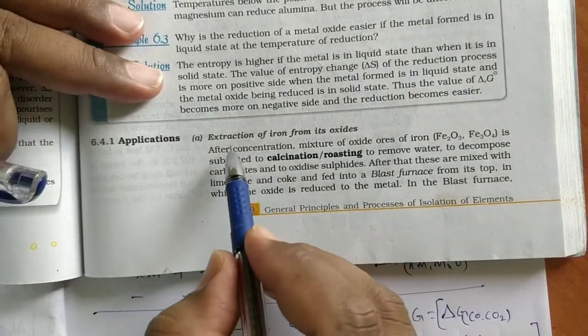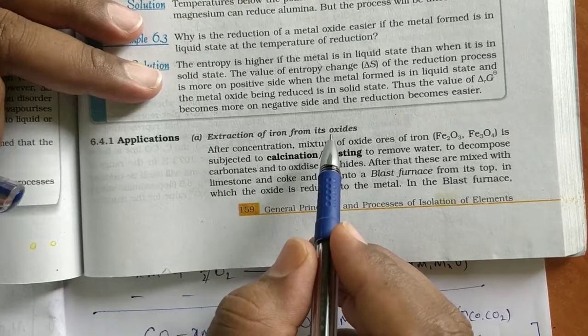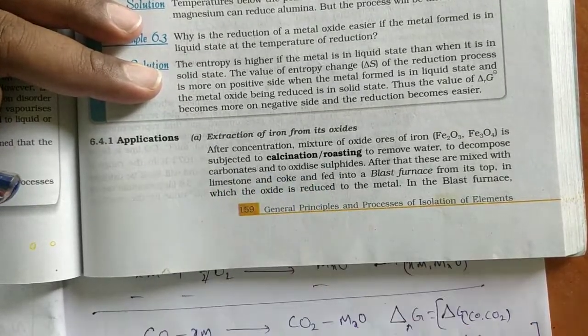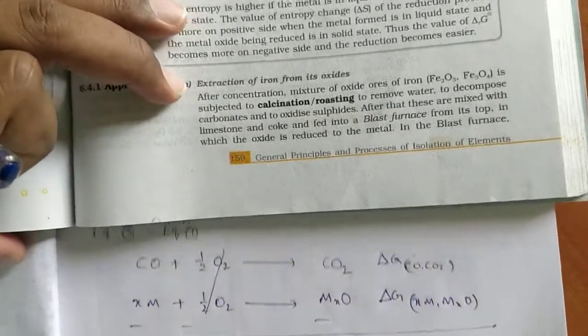Under applications, A: extraction of iron from its oxides. First one is nothing but extraction of iron from its oxides.